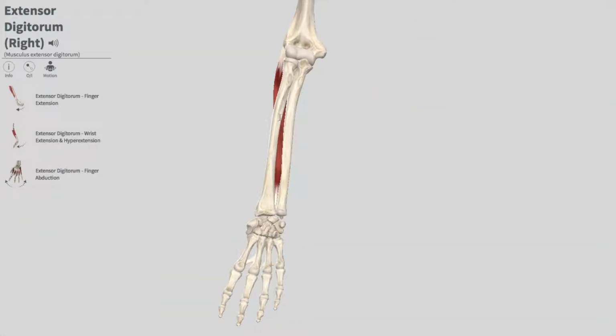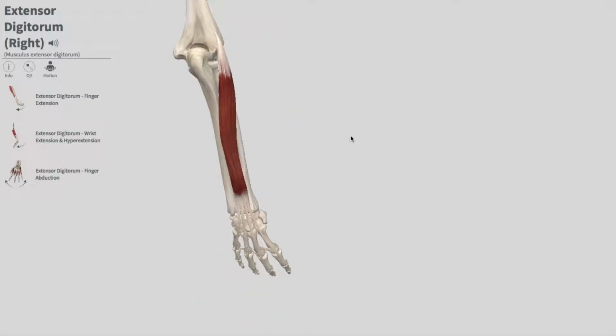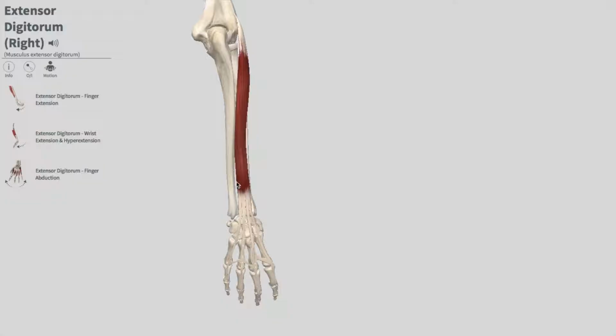It arises from the epicondylus lateralis of the humerus, as you see here, and it's also going to insert at the middle and distal phalanges of the 2nd to 5th fingers. This muscle is going to be responsible for extending the fingers and the hand, pulling it backwards.